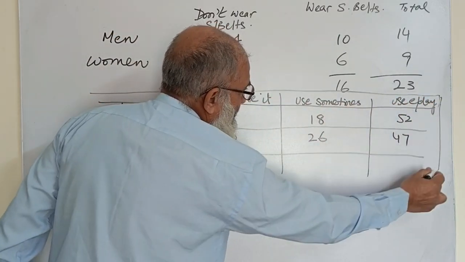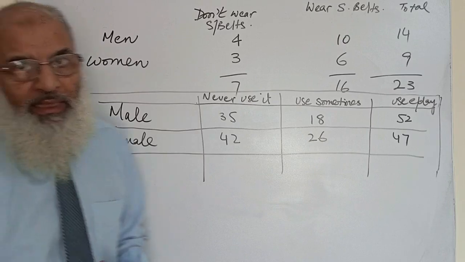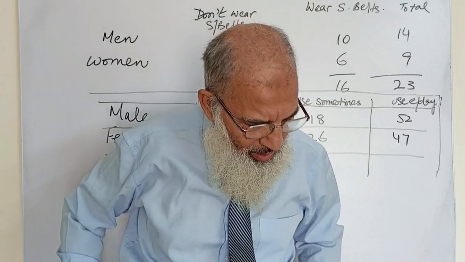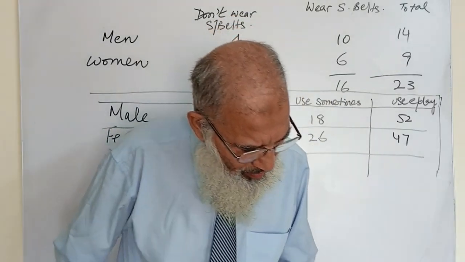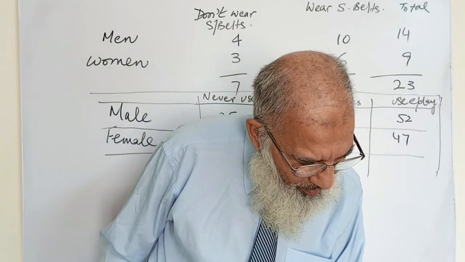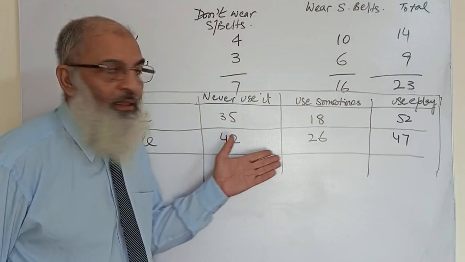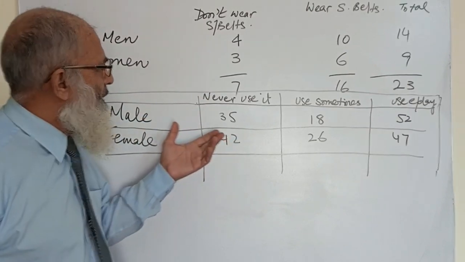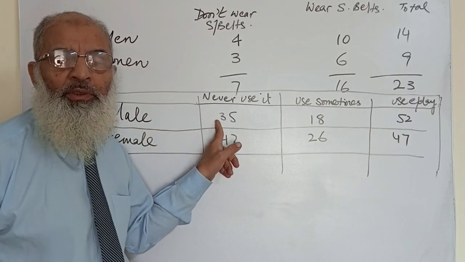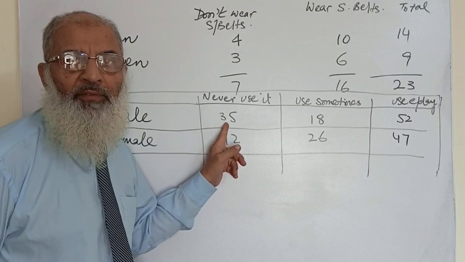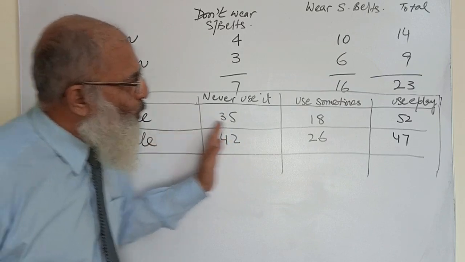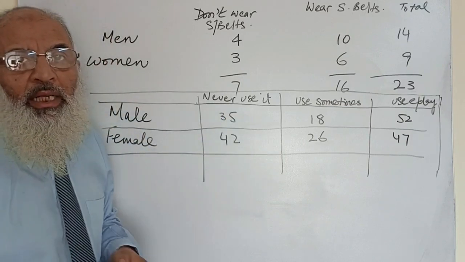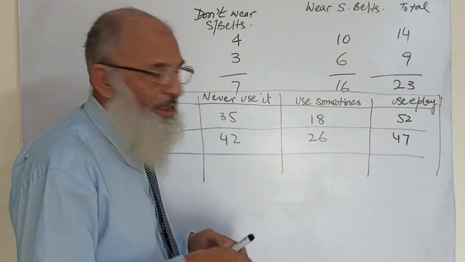Now you may be seeing a sort of table. It is very easy in an Excel sheet. You can ask the same questions as we did here. How many male students never use it? There are 35 students. How many male students were surveyed in total?